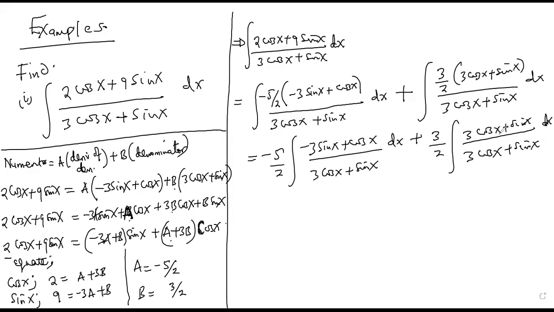The whole of this one will cancel, but this one here is negative 5 over 2. When you differentiate this, you get this. Therefore, ln of 3 cos x plus sine x, plus 3 over 2.